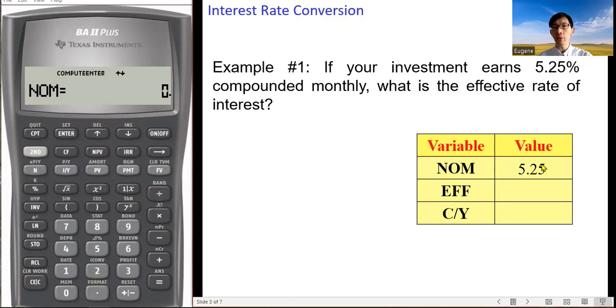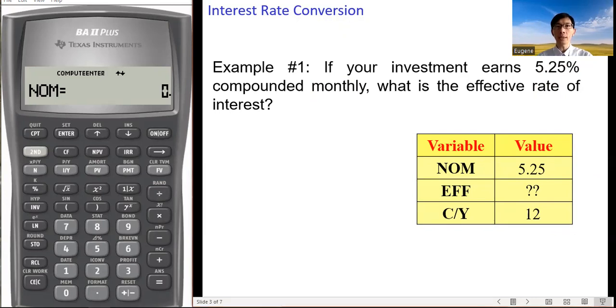So we key in 5.25 for the variable NOM, and then we need to compute the effective rate. The interest rate is compounded monthly, so CY equals 12, the number of compounding periods in a year.